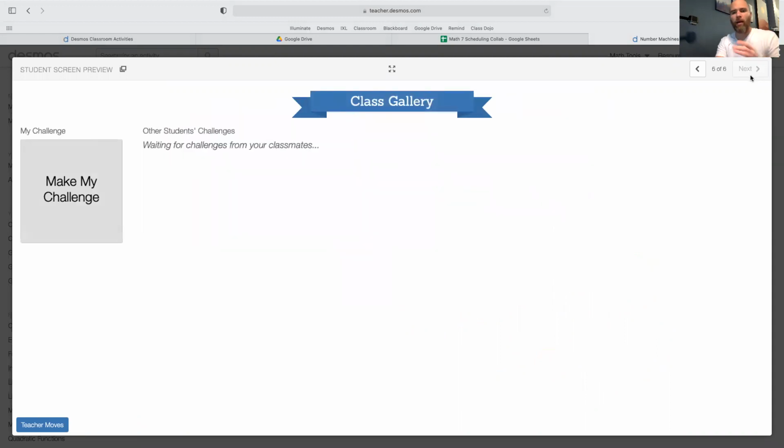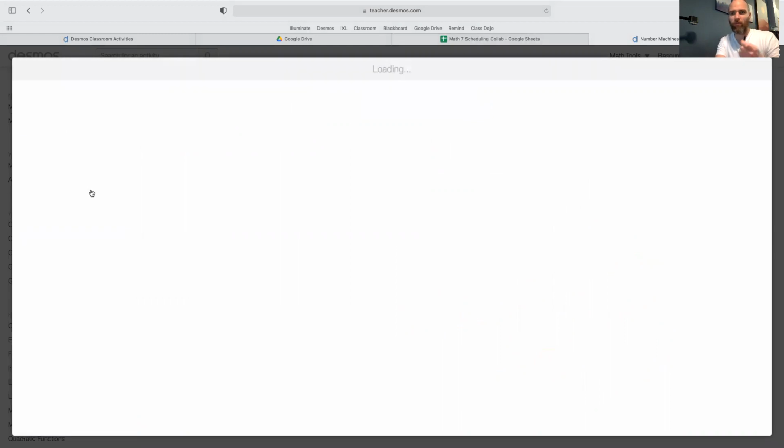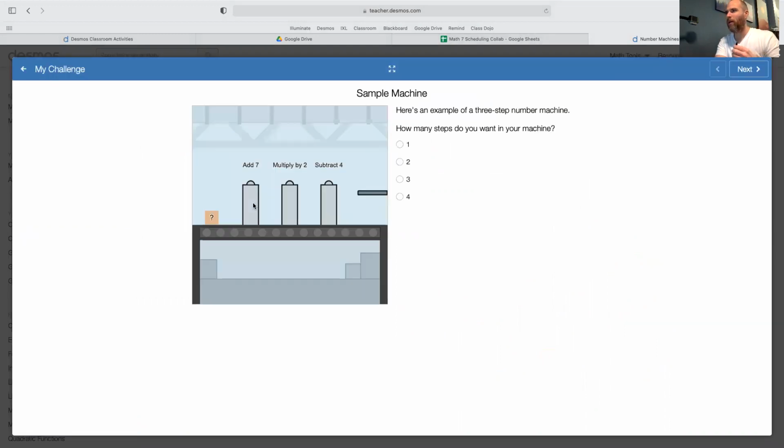All right, so what I'd like you to do is make your own challenge here where you get to pick what the machine will do. So I'll show you how to make one and then you make one. All right, so you can have 1, 2, 3, or 4 steps in your machine. I'll make a 2-stepper. We don't need to get too crazy with it.